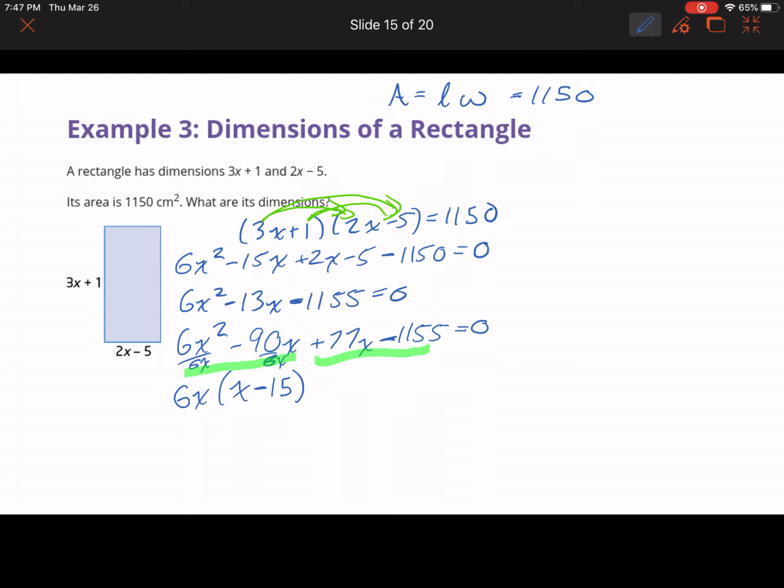So again, trial and error. I know I want to have an x left over. Because I have an x here, I'm thinking I'm going to be able to pull out that 77. And I want it to be negative 15. So I take out my calculator, I go, all right, can I divide 1155 by 77? Yes, it works out.